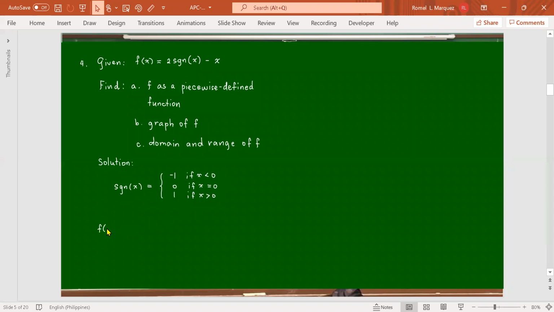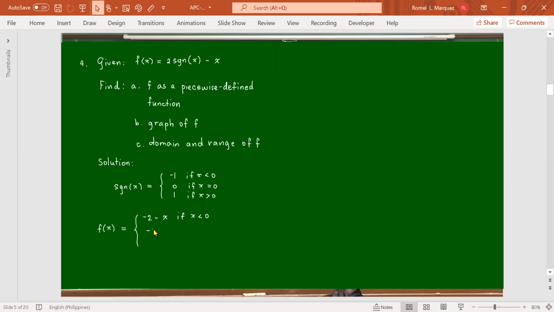So our f of x, therefore, is given by 2 times negative 1. What is 2 times negative 1? Negative 2, minus x, if x is to the left of 0. What about if x is equal to 0? 2 times 0 is 0, minus x.